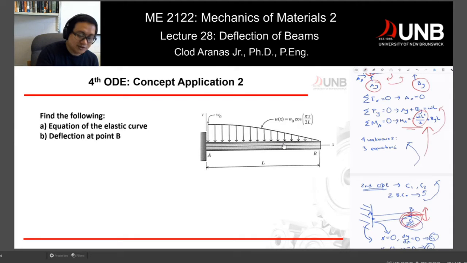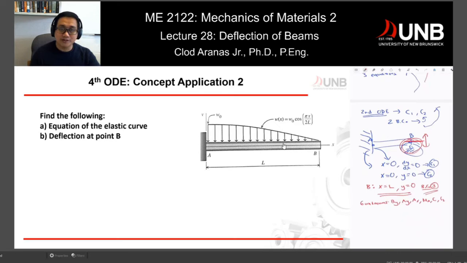I end up with A plus B equal to WL. I cannot solve the problem, so I can keep this as it is for now. Then I can work on my second order differential equation and use this third boundary condition to add another equation. That makes sense? I think so, yes. So you will see it once we do some examples, which we have here.